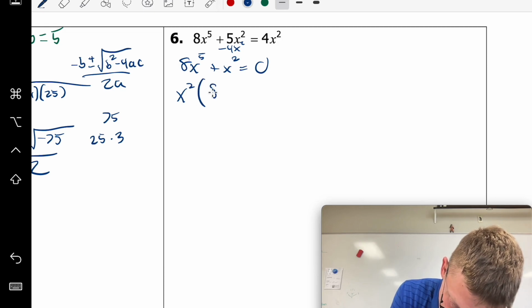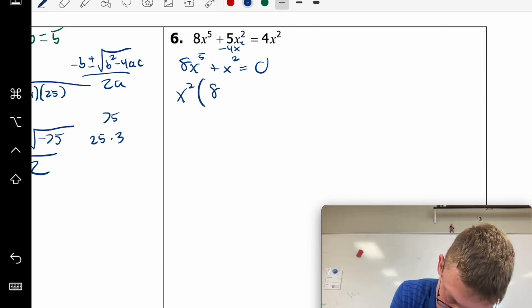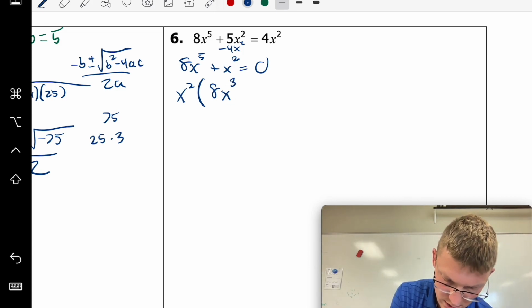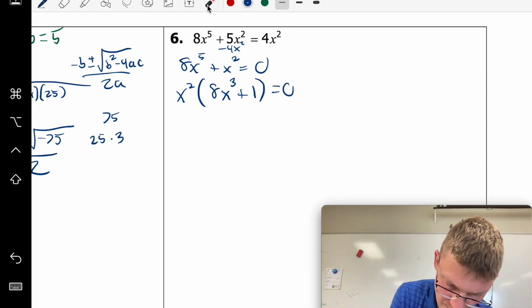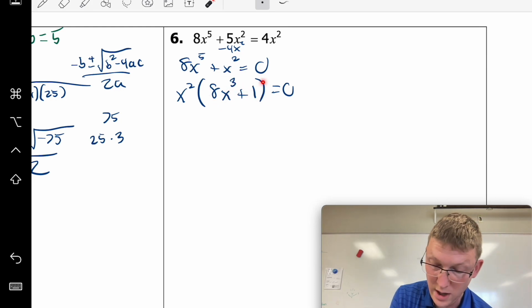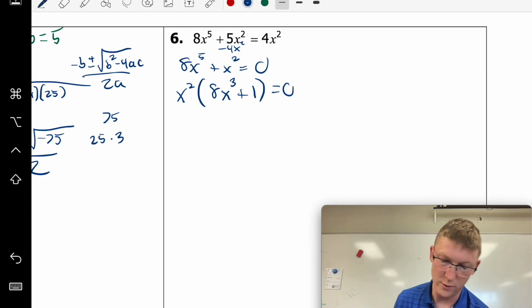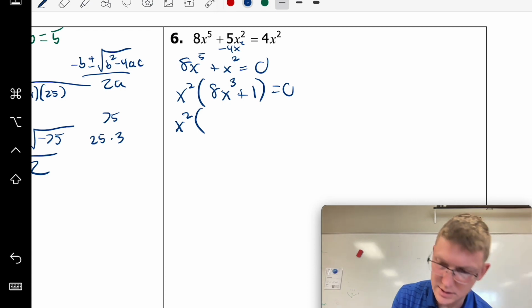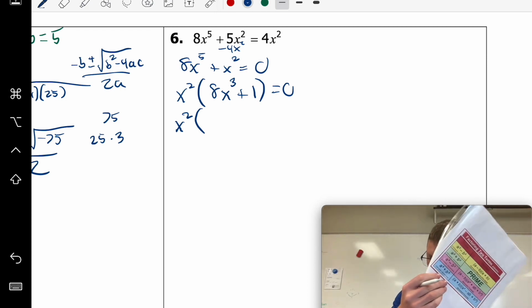So now we've got 8x cubed plus 1 equals 0. So if you have a cube plus another perfect cube, we have a rule for that. So we can keep going. So we're going to keep that x squared on the outside. And I'm going to look at my rule right here.